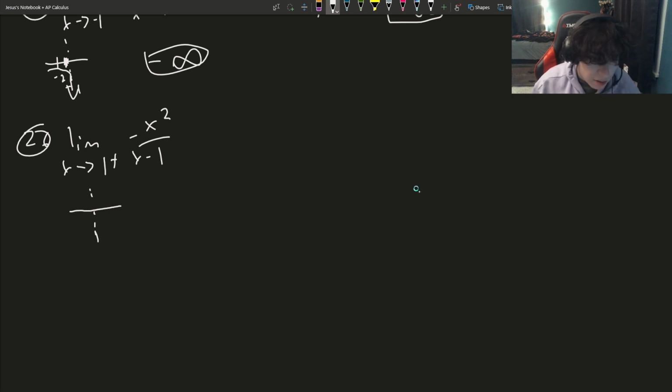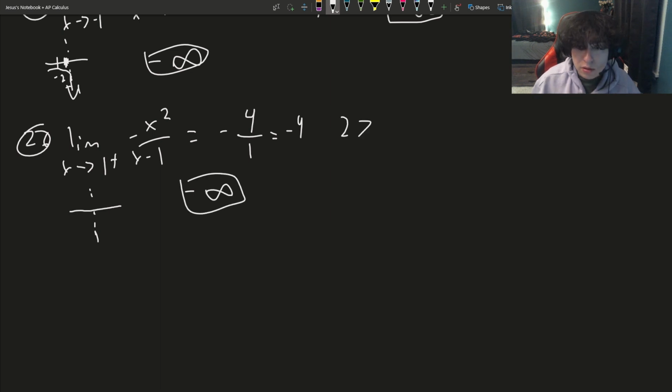From the right, you choose number 2, and you get negative 4, I mean, the negatives from the function. And then 2 over 1, it's just negative 4, which means that it's going to be going towards negative infinity. 27.